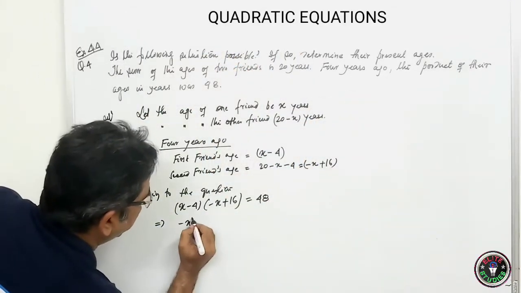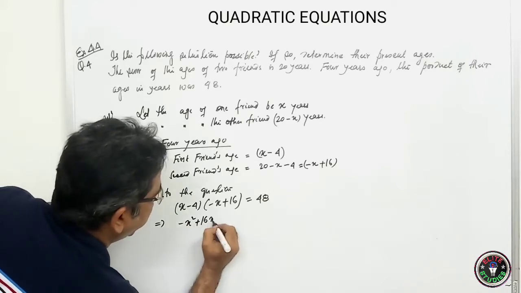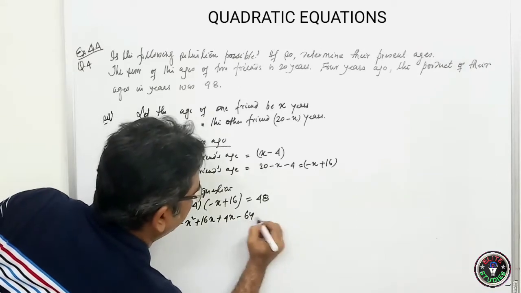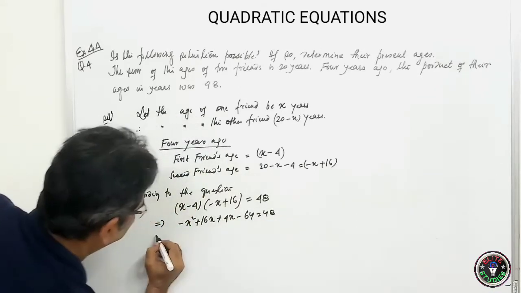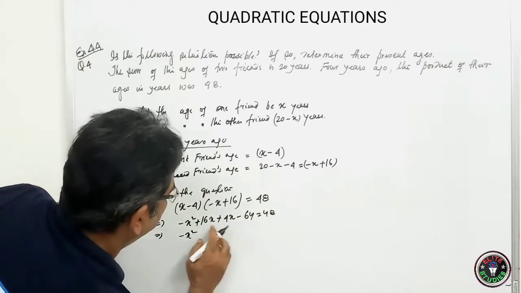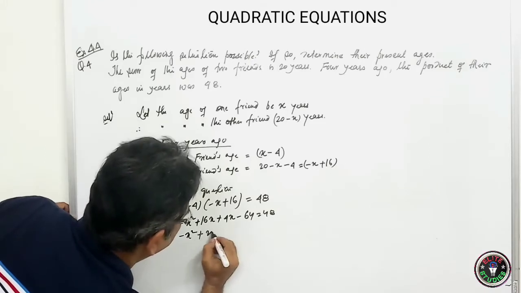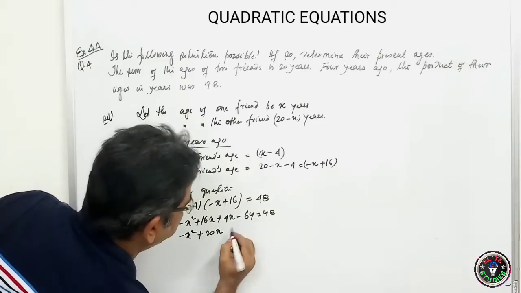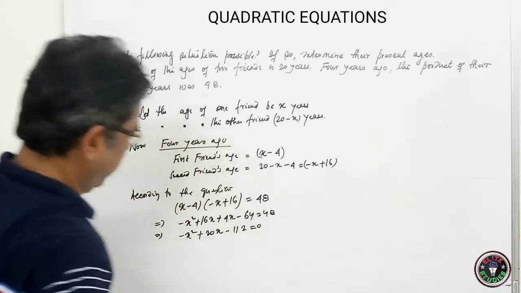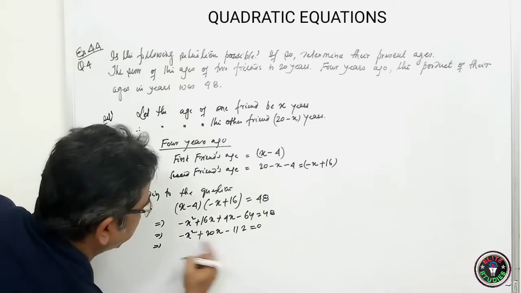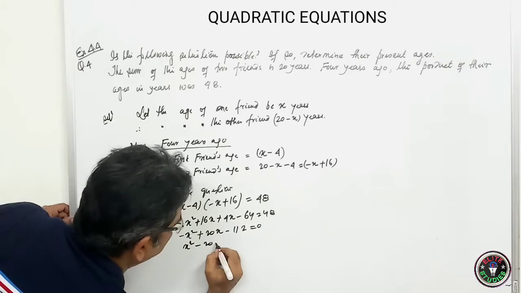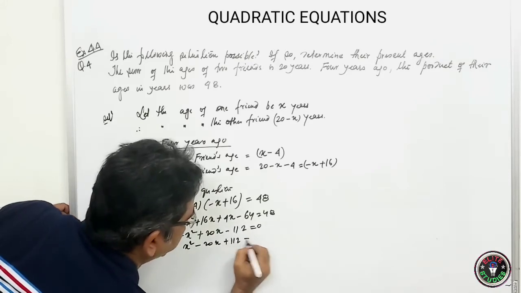It is minus x square plus 16x plus 4x minus 64 is equal to 48. So it gives minus x square plus 20x minus 112 is equal to 0. To remove this minus sign, multiply both sides by minus, so it will be x square minus 20x plus 112 is equal to 0.